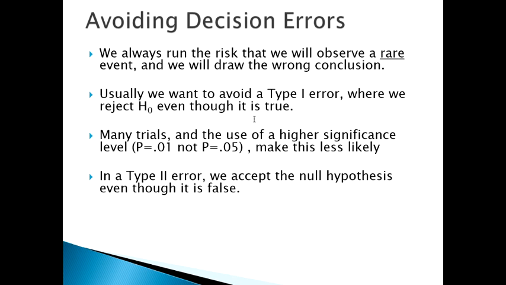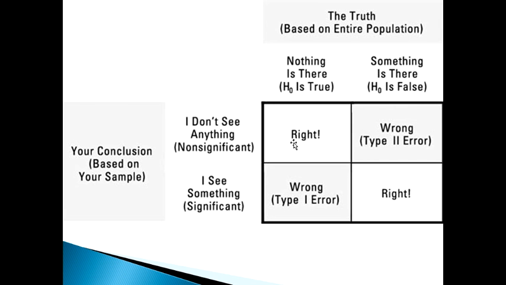Another type of error, which we call the type 2 error, is to accept a null hypothesis, basically not reject it, even though it is false. So you usually see these little sort of Punnett square diagrams here where you don't see anything significant, nothing is there. You have these two quadrants where you are right, and then you have the two quadrants where you are wrong.